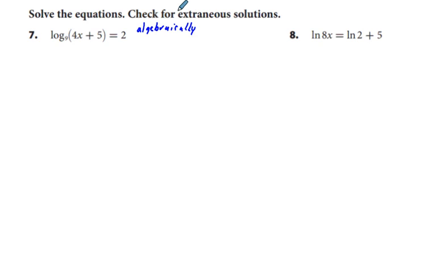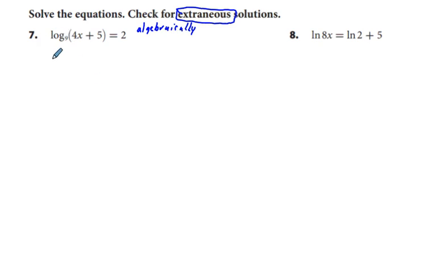And also we're introduced to the word extraneous solution. We looked at properties of logarithms earlier. I think we came across that solving rational equations. We looked at extraneous solution. Extraneous solution is not a real solution, but it's a solution created during the process of solving usually a logarithmic equation or a rational equation.